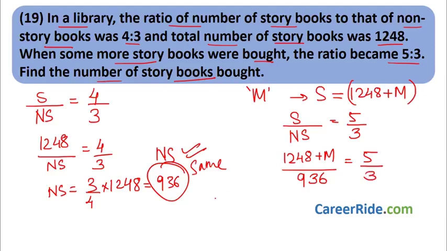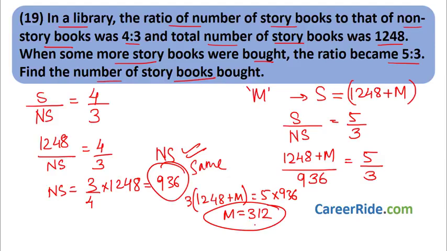So what do we get on solving? We will have 3 into 1248 plus m would be equal to 5 into 936. We will get the value of m as 312. So this is nothing but the number of storybooks that were added or bought later on.